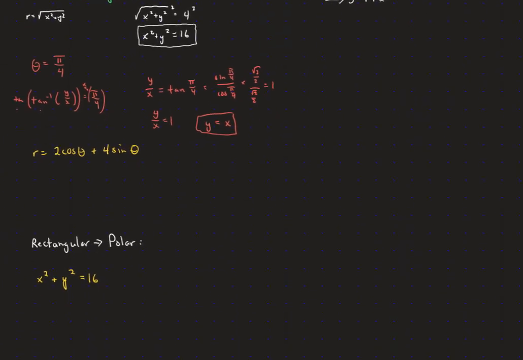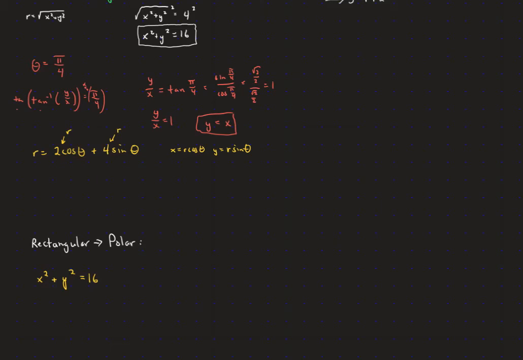Okay, now a tougher one. Here's where there's a bit of an art to doing this. So we are trying to get rid of r's and thetas, but we know that x is equal to r cosine theta and y is equal to r sine theta. So if we look at this for a moment and scratch our heads, we could see, man, if we could just put an r in there, these would be nice conversions.